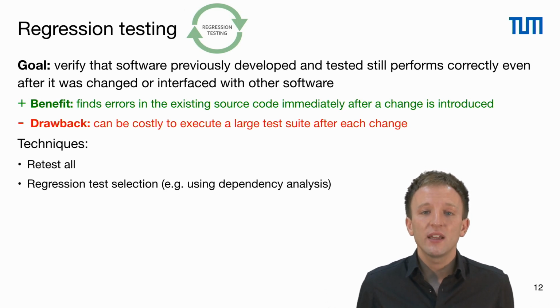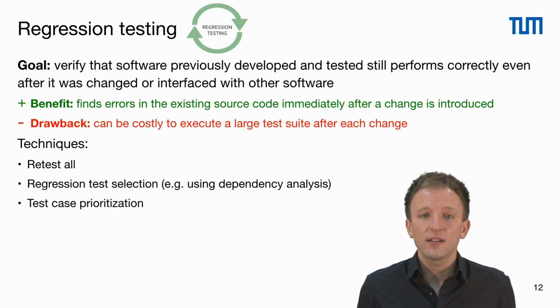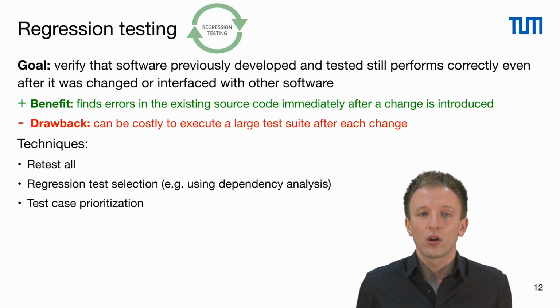It is important to identify the tests that correspond to the source code change, for example using dependency analysis. Then only test cases are executed that belong to the software subsystems that have been changed. You can also prioritize test cases and only execute the most valuable test cases that are beneficial for subsequent versions that you have identified before.